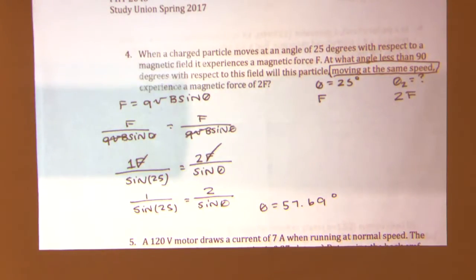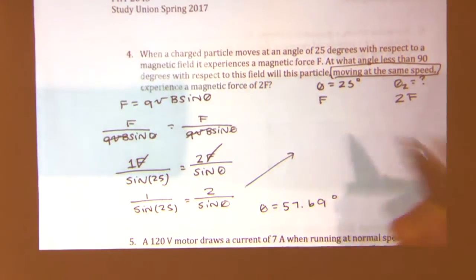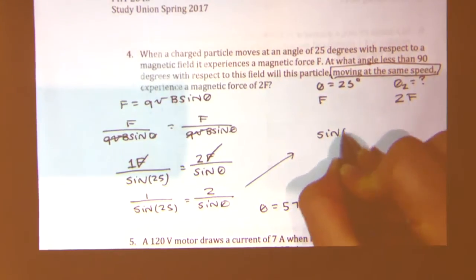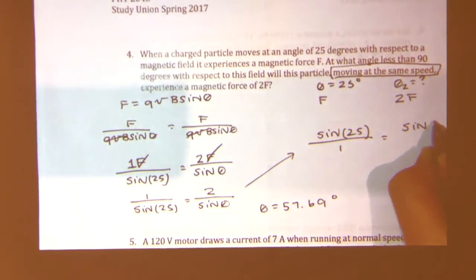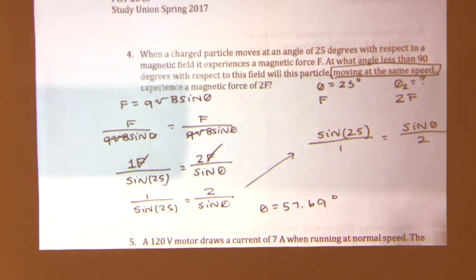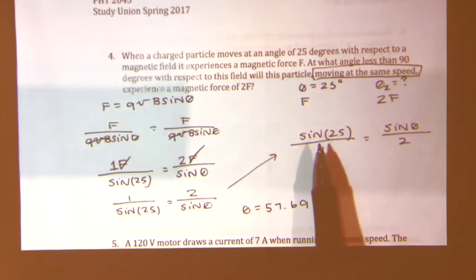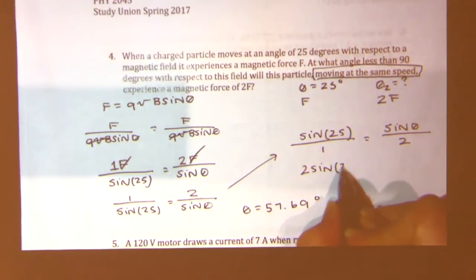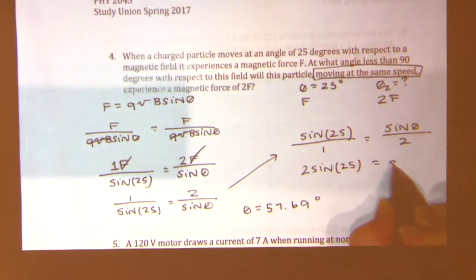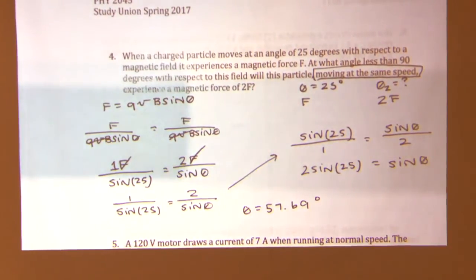An easier way to solve for this, I just took the inverse of both sides. So we have sine 25 over 1 is equal to sine theta over 2. So sine theta will equal sine 25 times 2. And then you can do the inverse sine of that. And that should be 57.69 degrees.